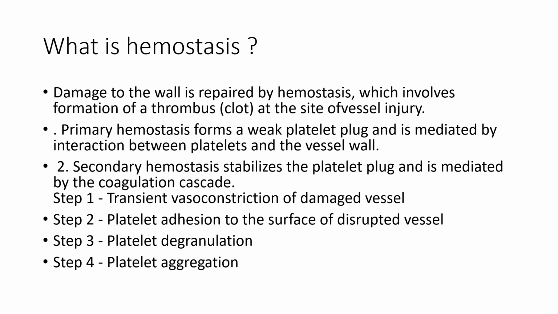Now, what are the steps in primary hemostasis? First is a transient vasoconstriction of the damaged vessel. Second is platelet adhesion to the surface of a disrupted vessel. Step 3 is platelet degranulation.